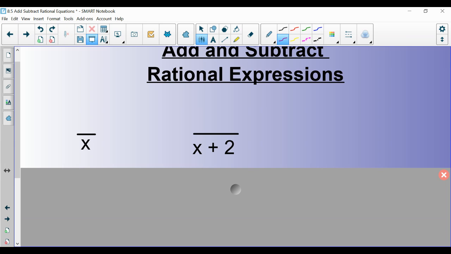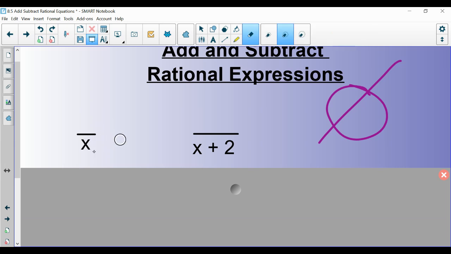Now, the thing that I'm trying to get you away from, that I've seen a ton of times in the past, is people just being like, okay, I'm going to add 2 and add 2. Now my denominators are both x plus 2. Remember, that is not allowed, okay? You have to use multiplication to make the match. So I cannot just do plus 2 and plus 2.